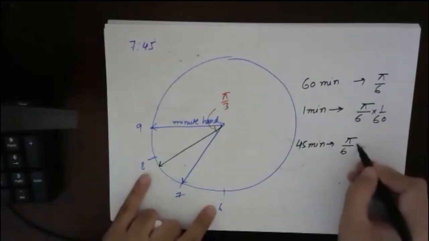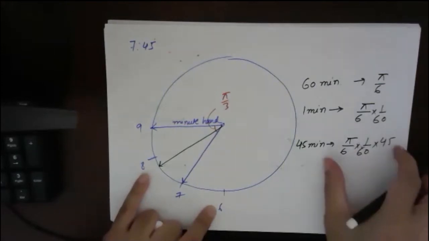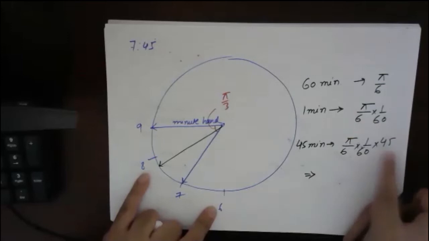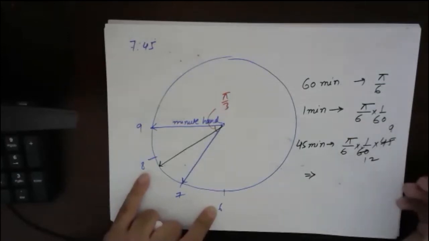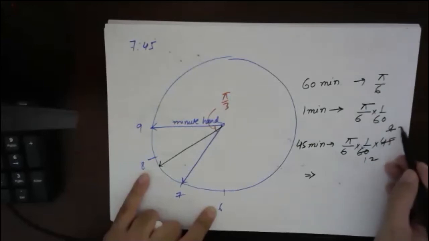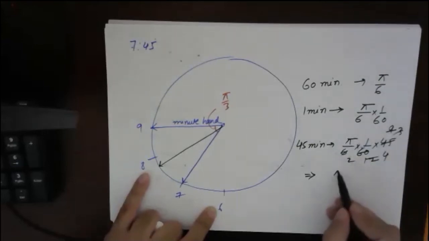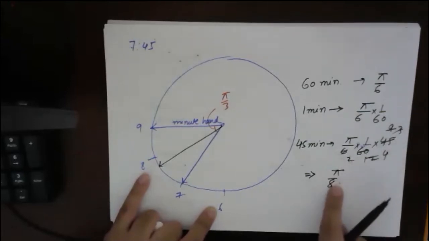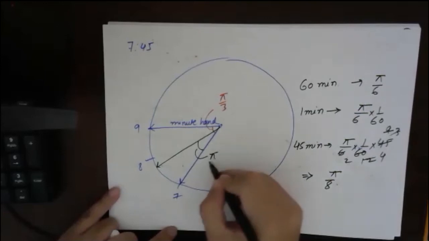Pi by 6 into 1 by 60 into 45. Let's see approximately what this is. 5 9s are 45, 5 12s are 60. 3 3s are 9, 3 4s are 12. So this is pi by 8. So this angle is pi by 8.